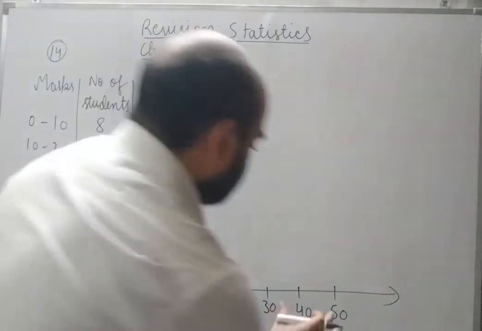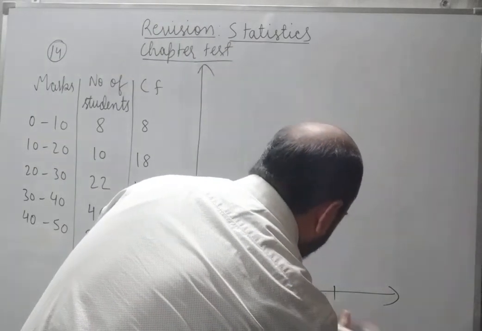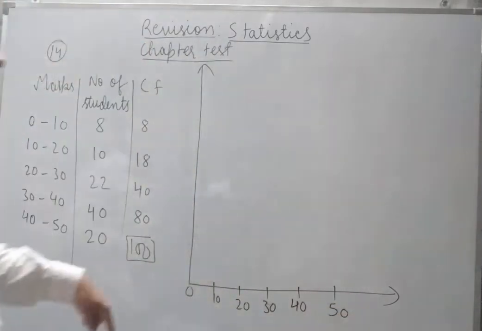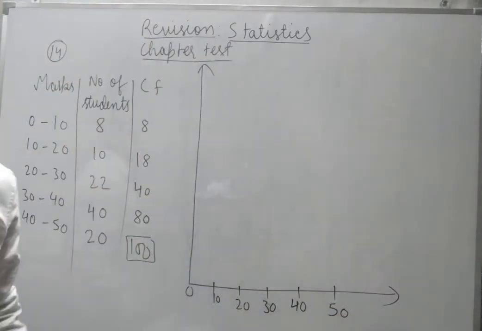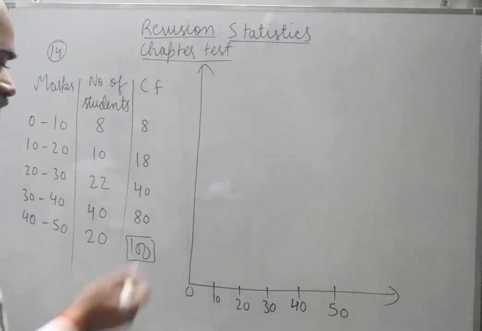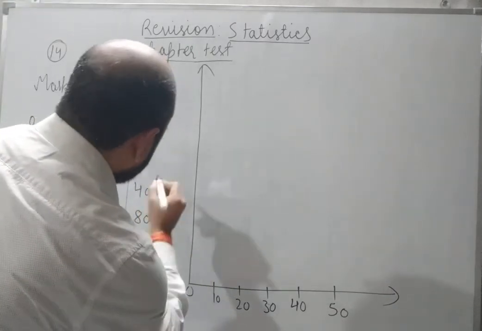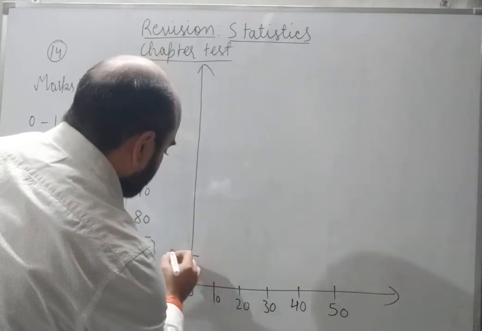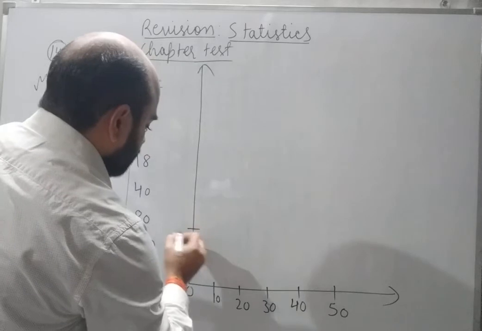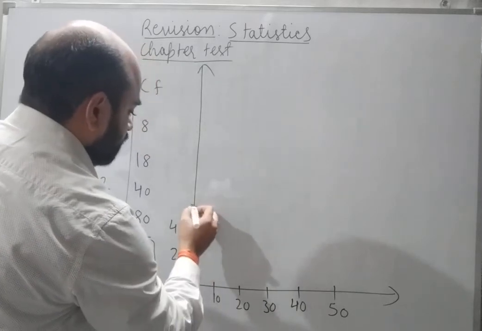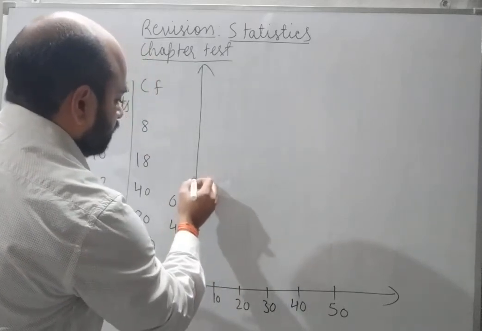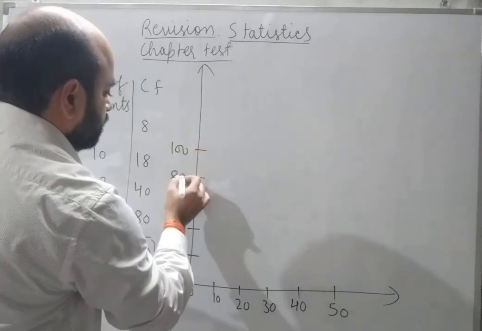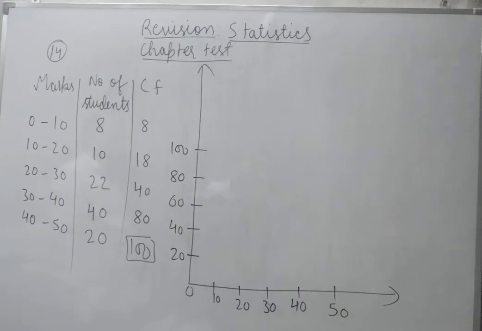Clear? On y-axis 2 centimeter equal to 10 or we can take 20. So if we are taking 20, then this will be 20, then 40, then 60, then 80 and then at last 100. Okay, so this scale we have taken.